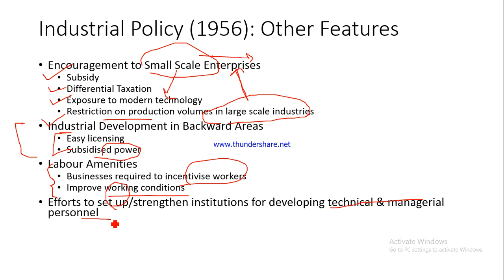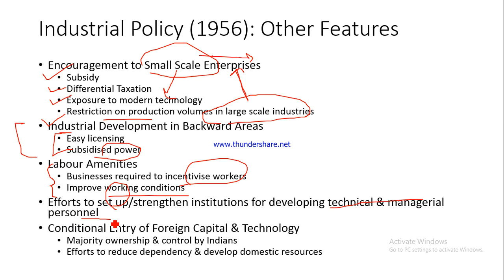So we may have people who are technically equipped, who are technically skilled, or who have managerial capabilities. Why? Because these technical skills and managerial skills were required for managing, supervising and running the various industries. So government said that we would start more and more institutions to develop such technical and managerial manpower.